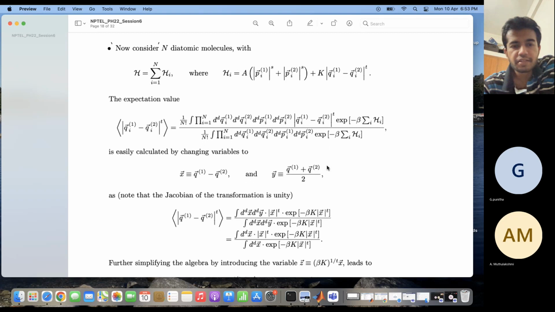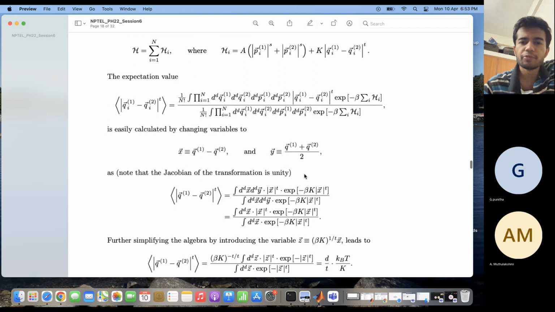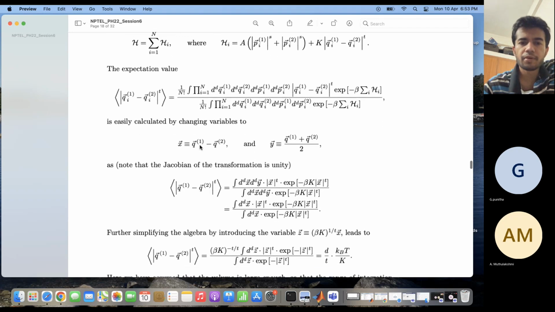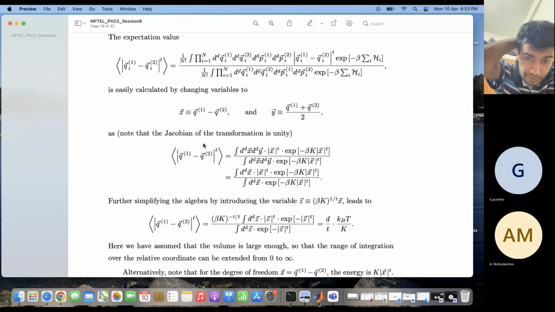What I do is that I consider two variables. I change variables to q1 minus q2 and q1 plus q2. So I denote x as q1 minus q2 and y as q1 plus q2 by 2. Actually, this should be q1 minus q2 by 2 for x as well. Okay. So then q1 becomes equal to x plus y and q2 is basically x minus y, right?